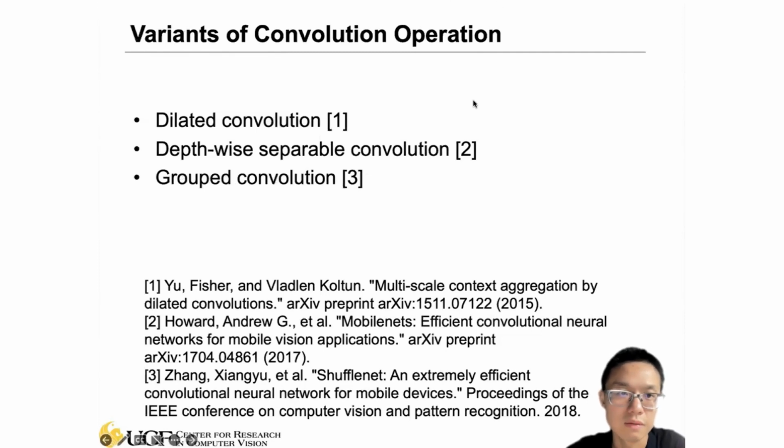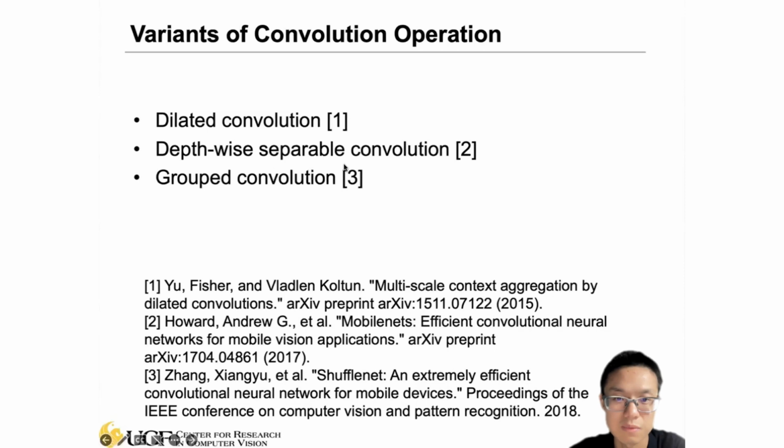And we also have variants of convolutional operations, not just these classic convolutional kernels. There are variants like dilated convolution, depthwise separable convolution, and grouped convolution. They were all proposed for different purposes. Dilated convolution increases the receptive field size without increasing the number of parameters.